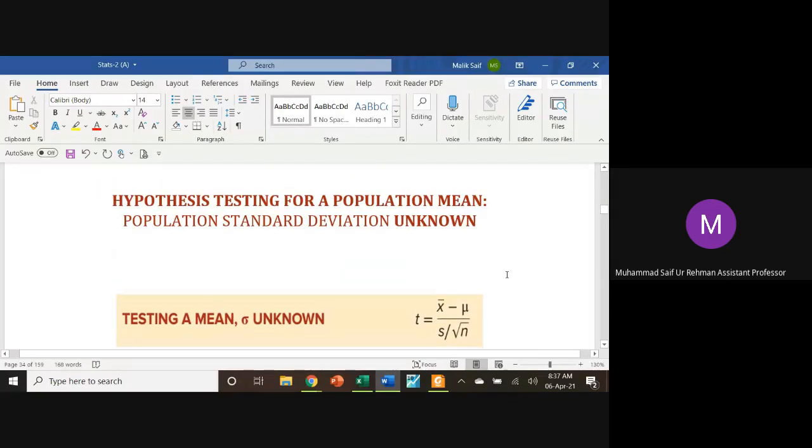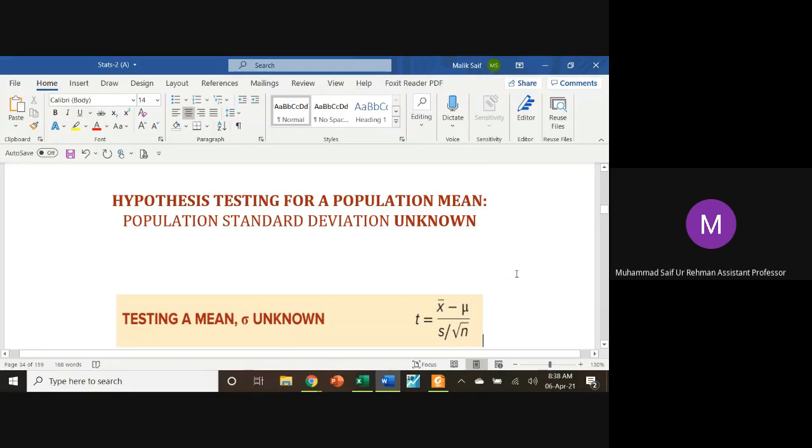In the previous discussion, we studied the hypothesis testing procedure for a population mean when the population standard deviation was known. In that case, we used the Z formula or Z statistic, and we solved several questions from that section.